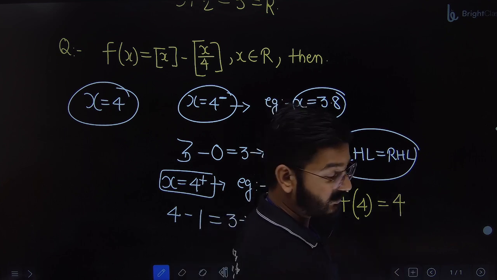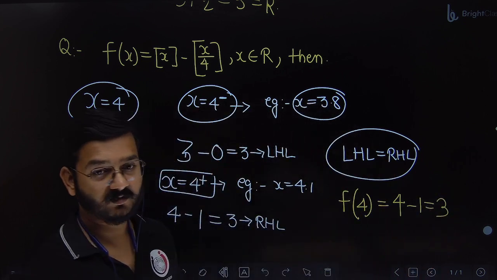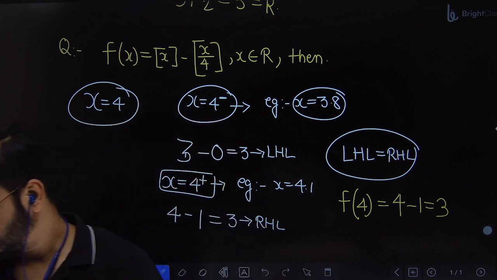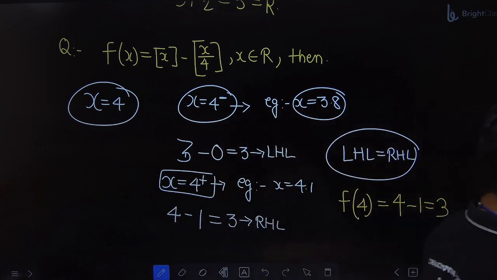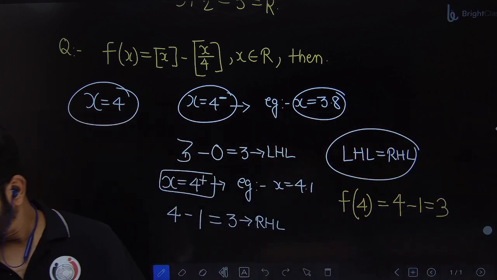What is the greatest integer of 1? 1. So all three of them are equal, means the function is continuous at x equal to 4. Simple problem.